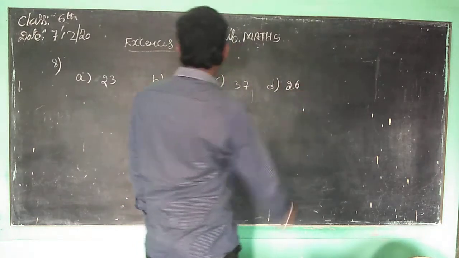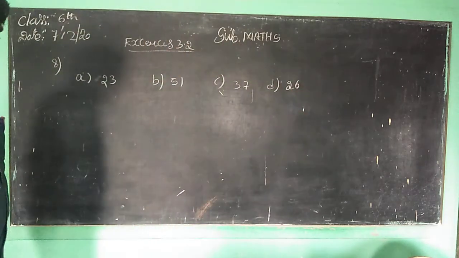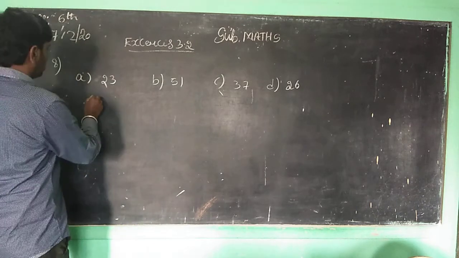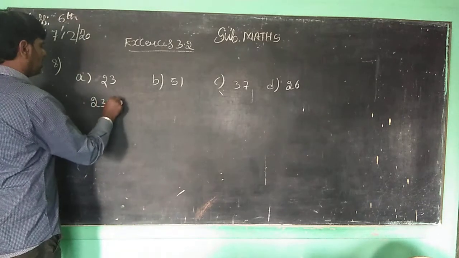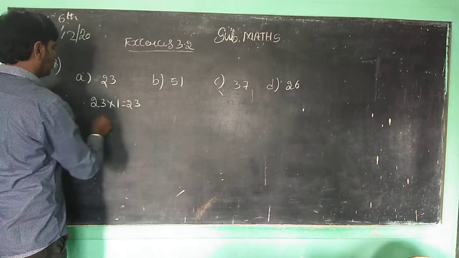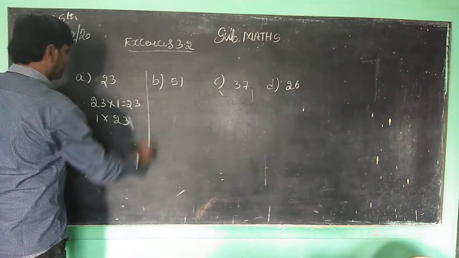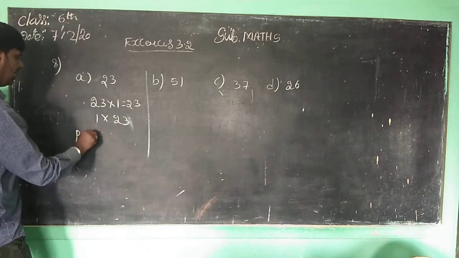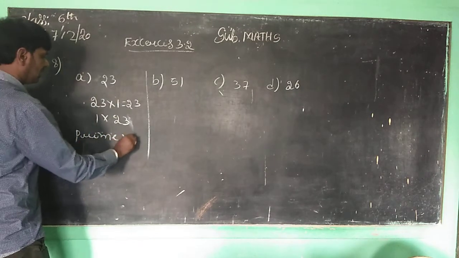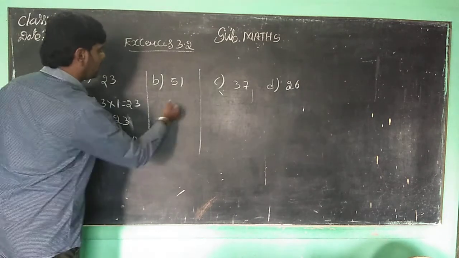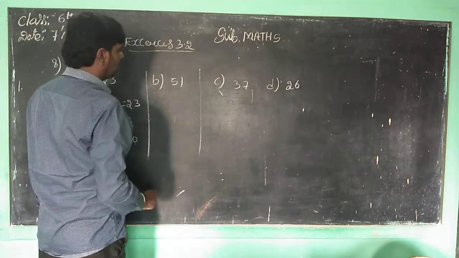Still children, prime numbers have only one factor pair. Here 23 is there. 23: you want to multiply, then also 23 only. 1 into 23, because this is a prime number, children. Having only one factor pair. Suppose 51, it is divided accordingly.